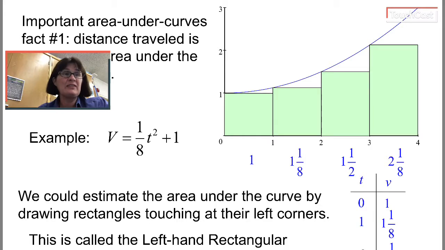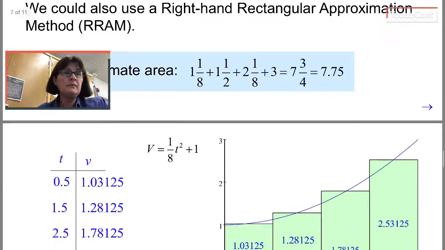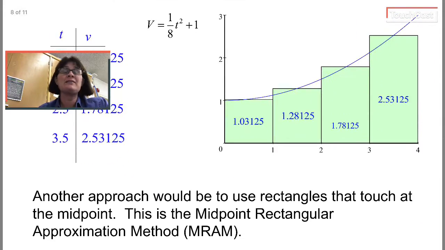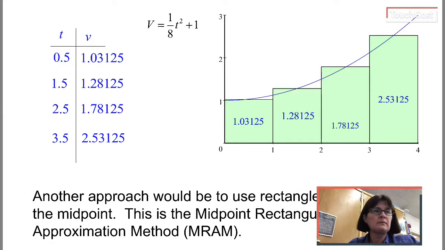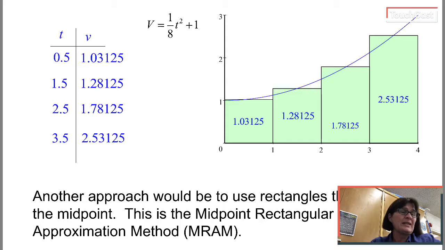I could even have done it a different way. I can have my rectangles, instead of touching at either the left-hand corner or the right-hand corner, touch halfway along their interval. So notice this first rectangle was supposed to cover from time 0 to time 1, but instead of having it touch the curve at the place where x is 0 or 1, I made this rectangle touch the curve at the place where x is halfway between 0 and 1.